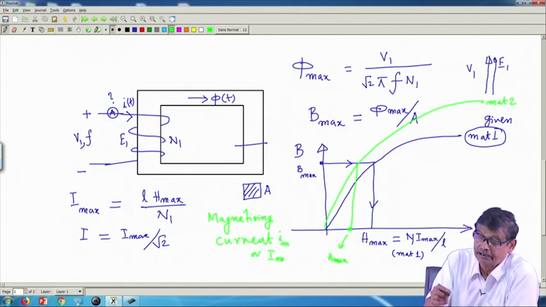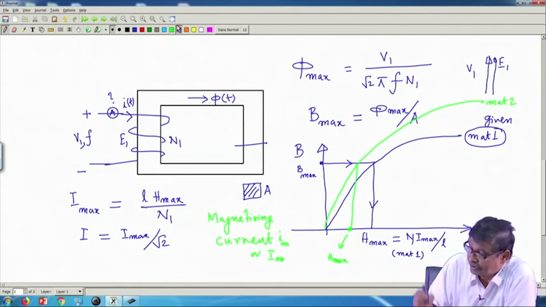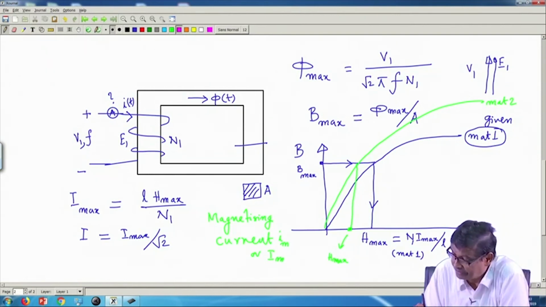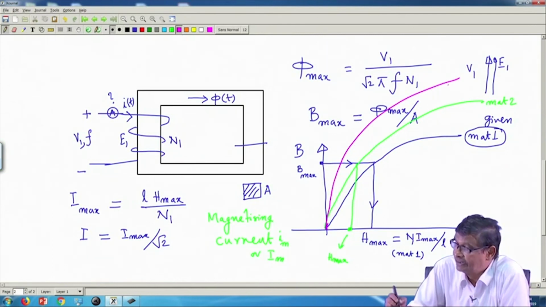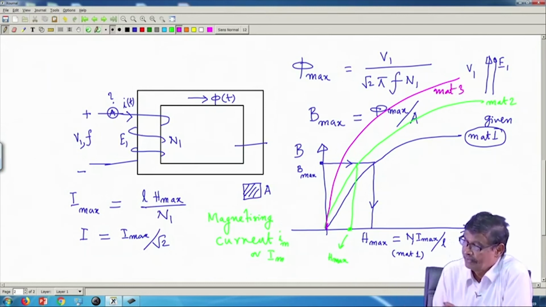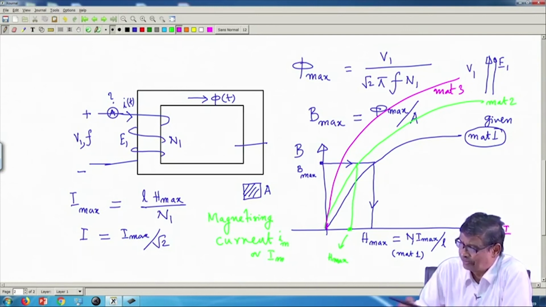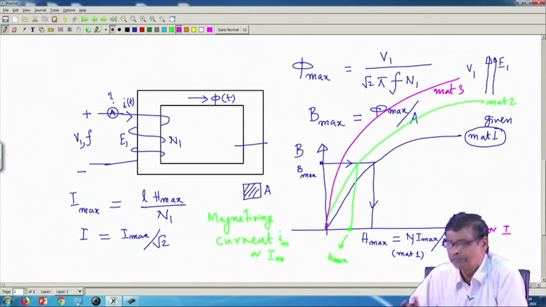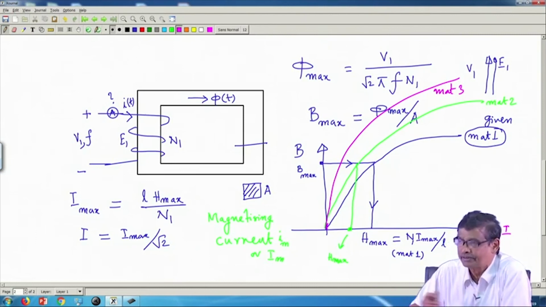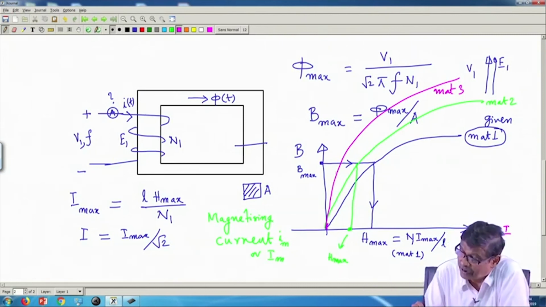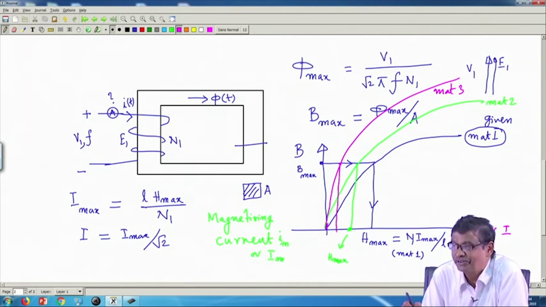Suppose somebody says, okay, I will replace this by another material whose BH curve is like this, material 3. So, this axis is H or also I. Let us forget about this constant N by L. This axis also represents the current drawn. Therefore, because phi max remains the same, the current drawn can be further reduced.